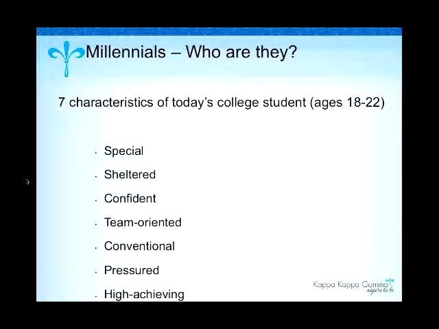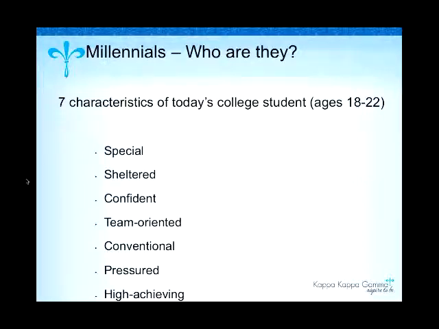So let's talk a little bit about millennials. Millennials are our college students on campuses today. I'm sure each of you is looking at this list and thinking maybe you have observed these characteristics in some women that you advise on campuses.